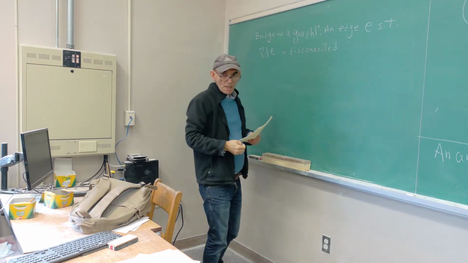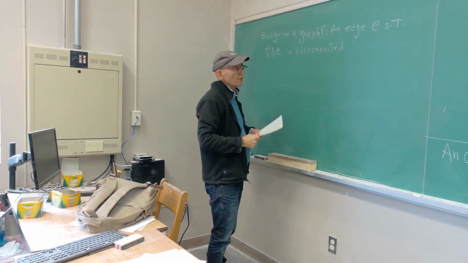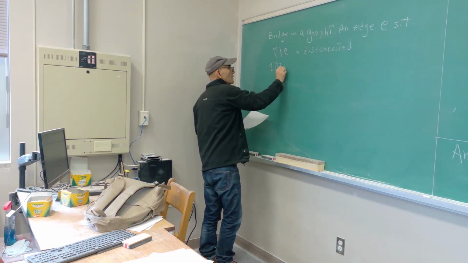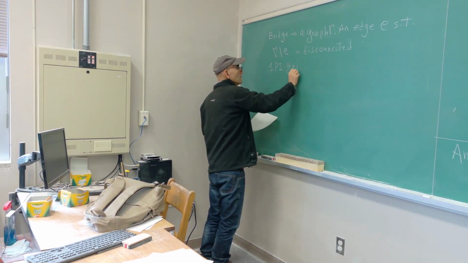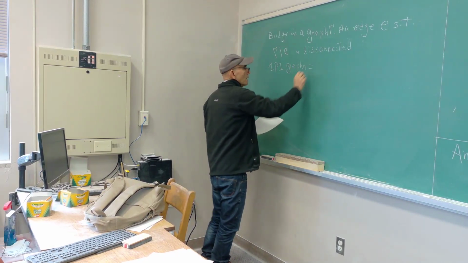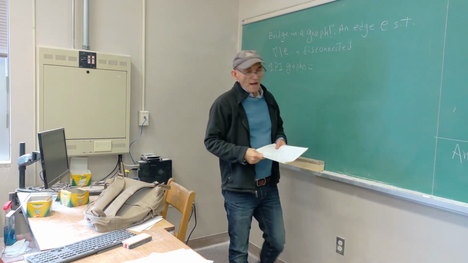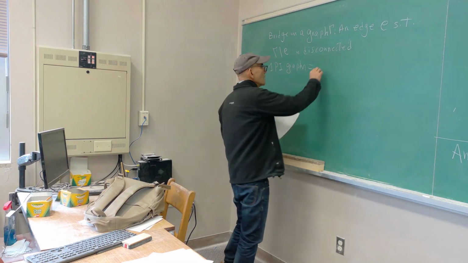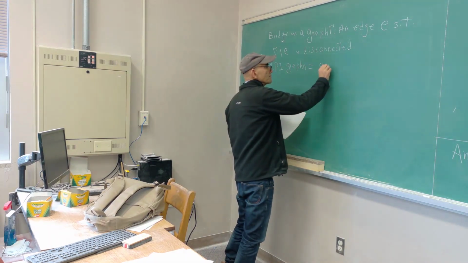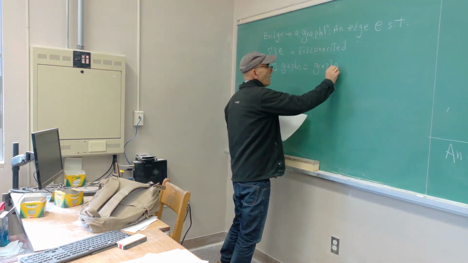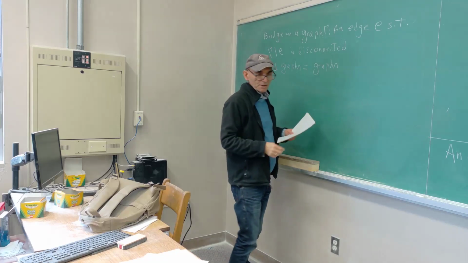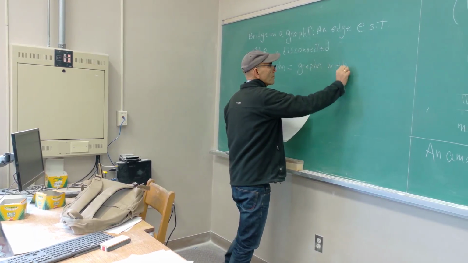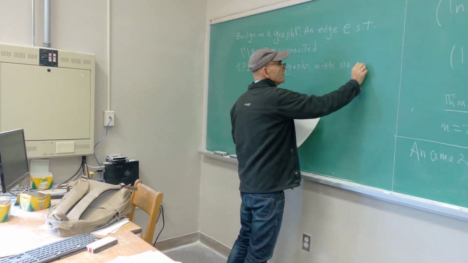And 1PI graphs are graphs without any bridge. Of course, we want them to be connected. Graphs with no bridge.